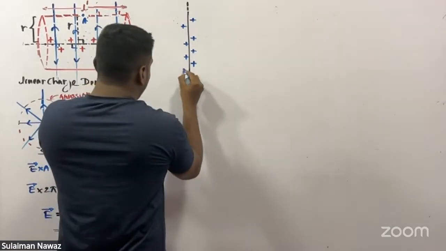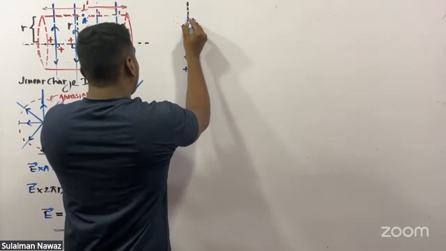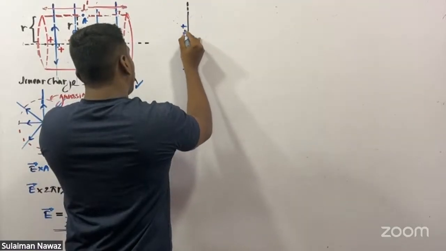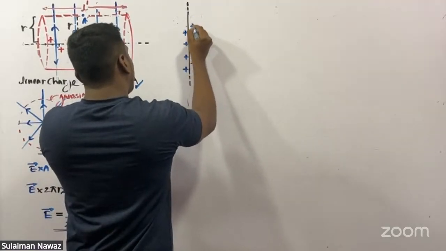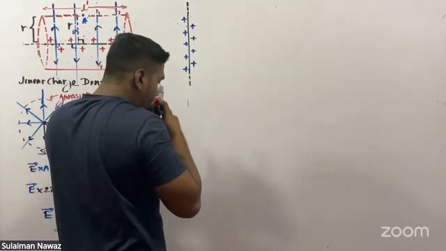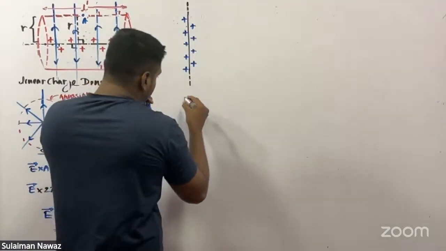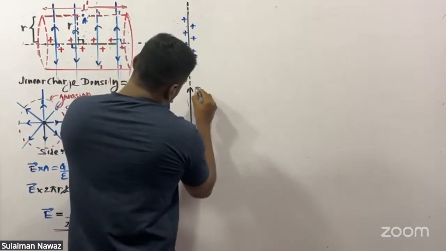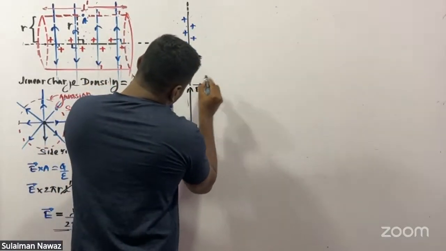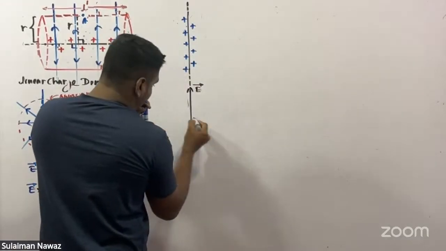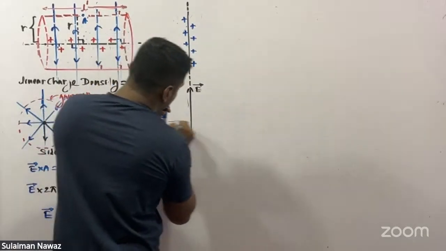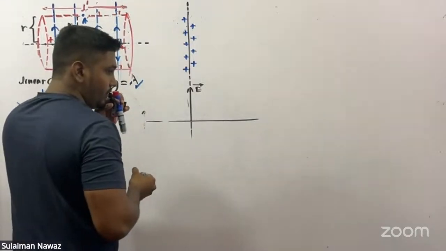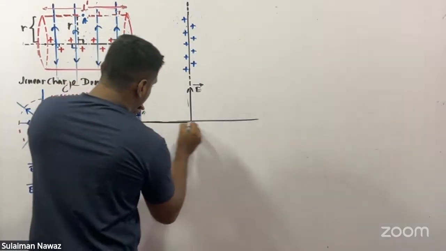Then the y-axis is going to be electric field intensity, and the x-axis is going to be the distance measured from the wire.